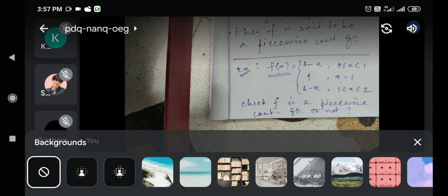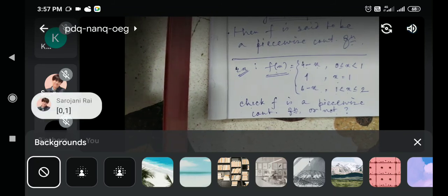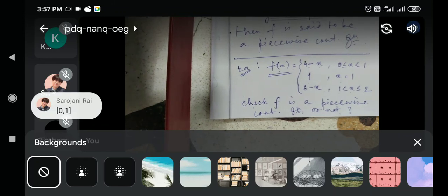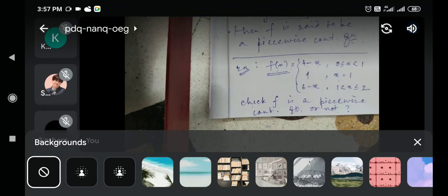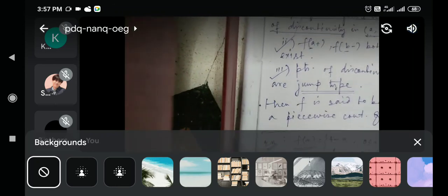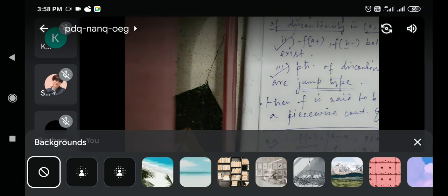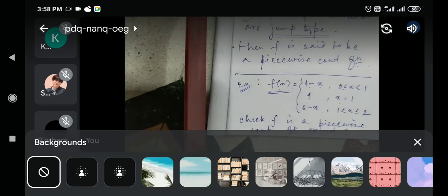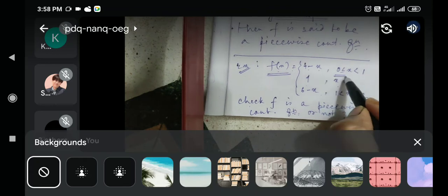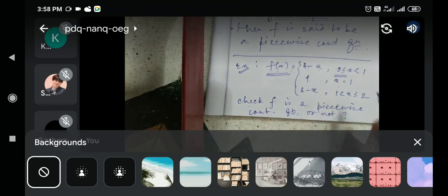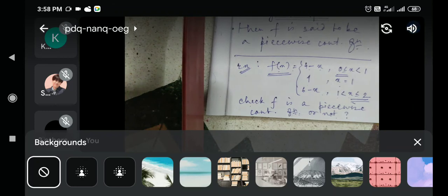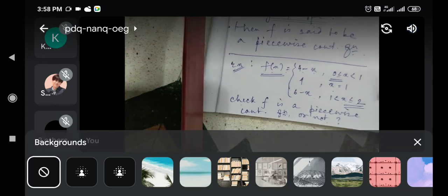What will be the closed interval? Someone is saying, Sarojini is saying 0, 1. Anyone else? Yes, it is 0, 2, because it is defined for 0 less than or equal to x and ends at x less than or equal to 2. So the interval is [0, 2].